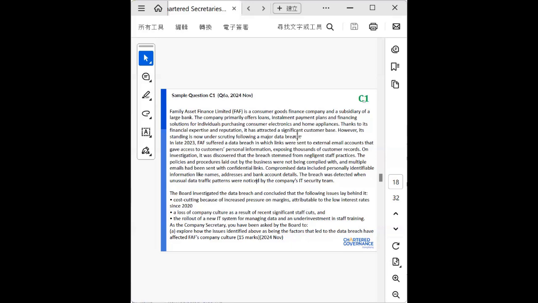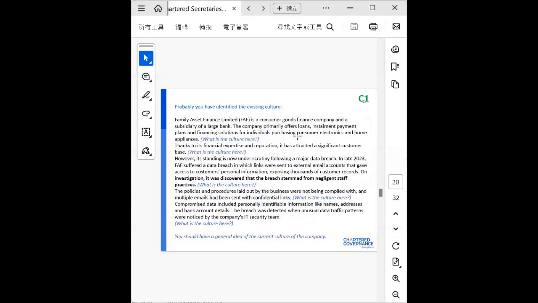Right? So we can take a look at the facts again. Once I think you have read through the case already, this is a consumer finance company and subsidiary of a large bank.